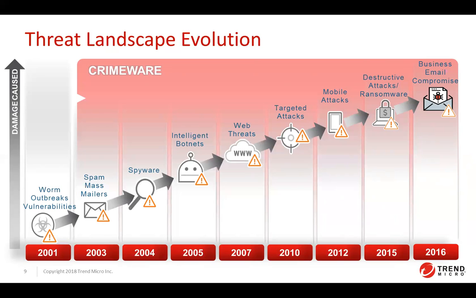So you can go starting out in 2001, for example, with worm outbreaks and vulnerabilities, all the way up through 2016, where we started to see a lot more business email compromise, and all of the things in between, whether it's intelligent botnets, web threats, targeted attacks, mobile attacks, destructive attacks, and ransomware. Again, the threat actors out there are regularly looking for new ways to target their victims and ways to profit from those victims.